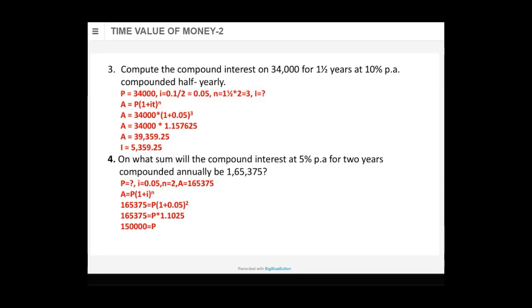Now compute compound interest on 34,000 for 1.5 years at 10% per annum, compounded half yearly. As it is compounded half yearly, 10% divided by 2. 10% is 0.1, divided by 2 is 0.05. 1.5 years, but since it is half yearly, 1.5 into 2 is 3.